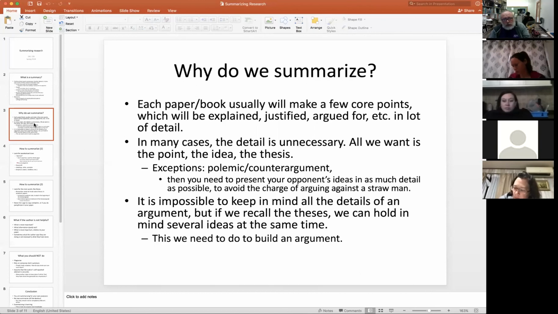But if you're just interested in a specific point, if you're just reading the article to find out about something, then all that detail is unnecessary. All you need is the point that the person is making. So for example, one of my students just did a dissertation on oral corrective feedback to see whether if you smile when you're correcting the students, they correct their language behavior more.